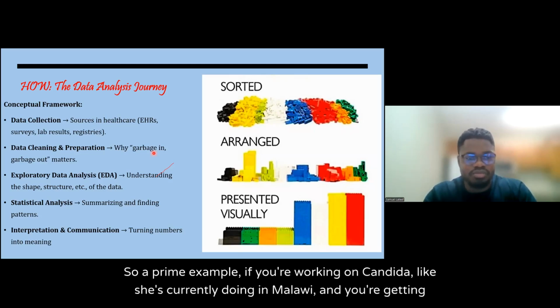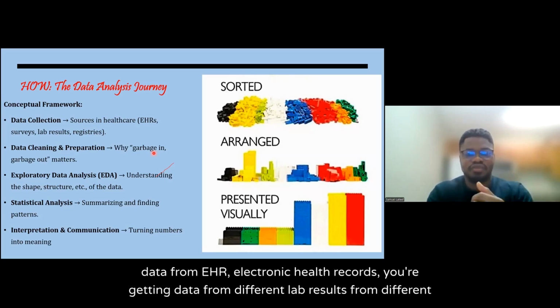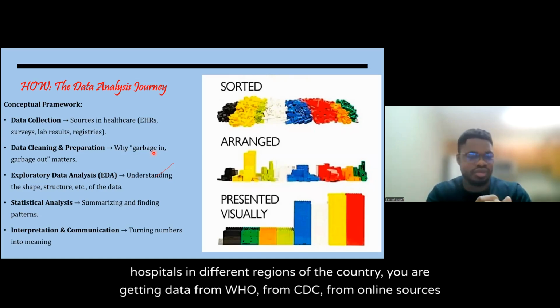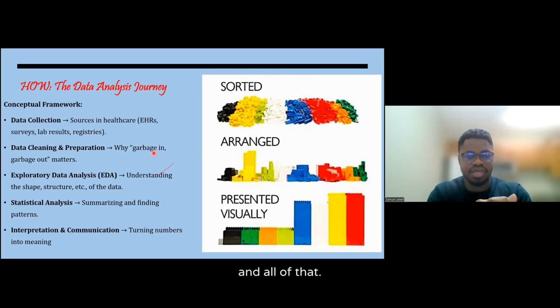A prime example: if you're working on Candida, like she's currently doing in Malawi, and you're getting data from EHR, electronic health records, you're getting data from different lab results from different hospitals in different regions of the country, you're gleaning data from WHO, from CDC, from online sources and all of that.